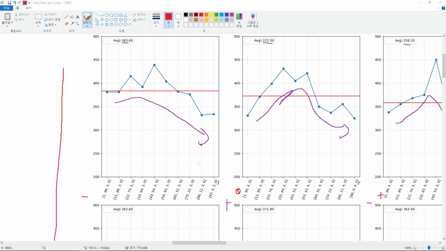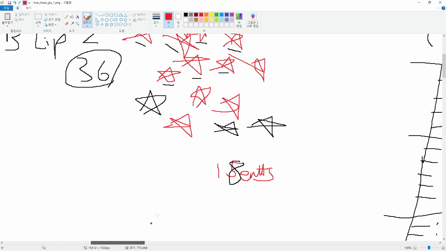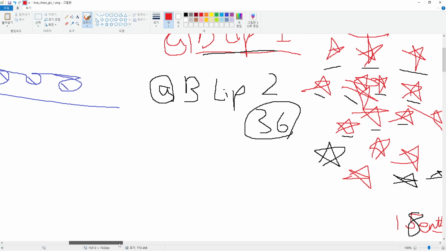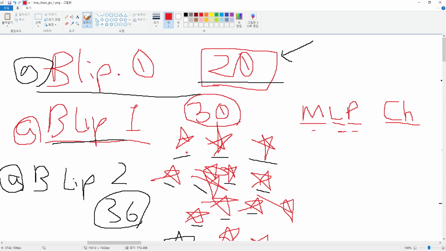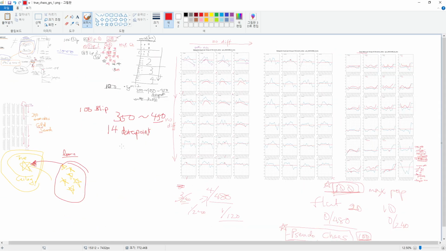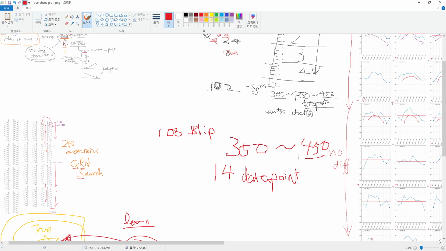So I think it is safe to say that 100 blips would equal 300 to 450 data points.